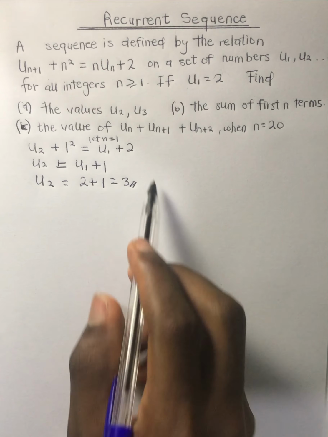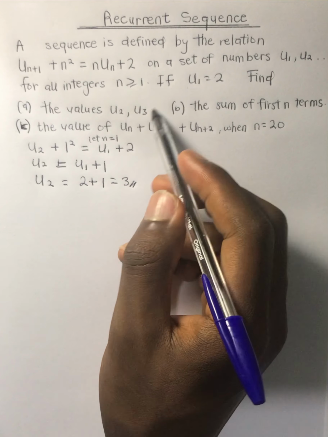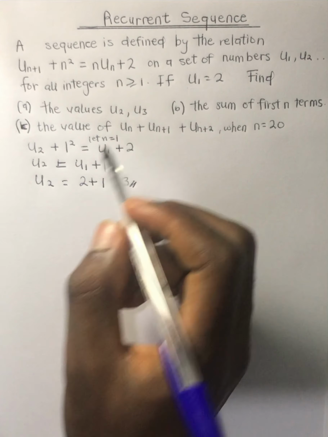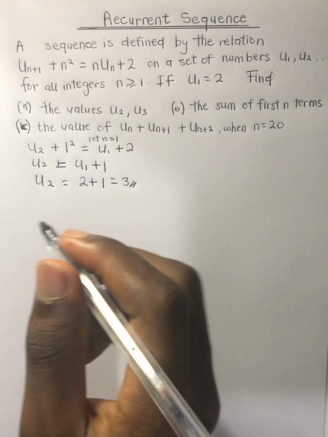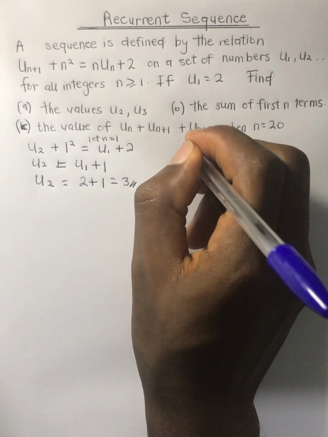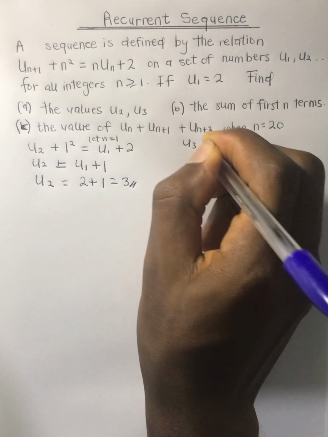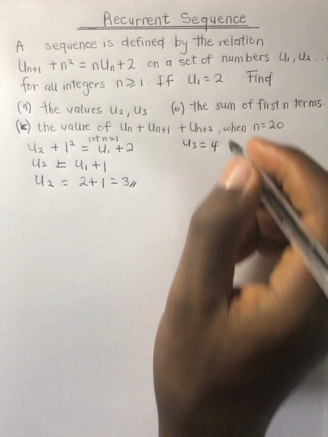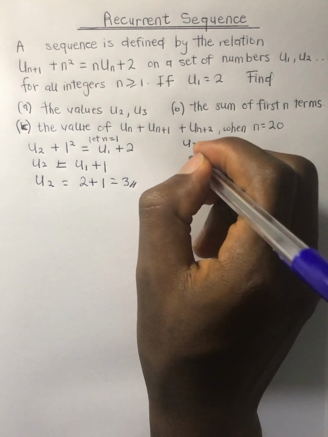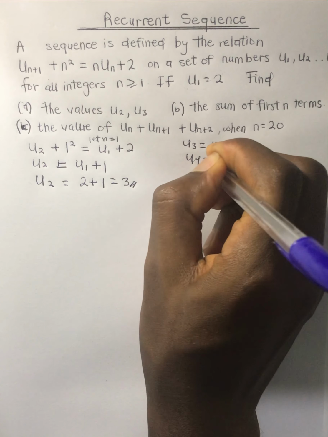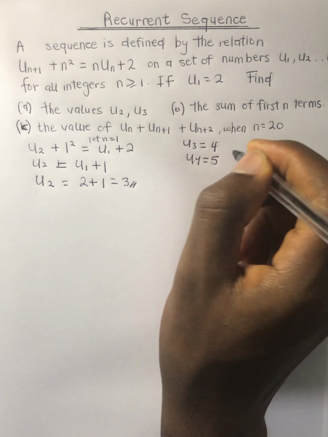So we've also been asked to find the value of u subscript 3, but you have to find it yourself, and you will be getting the answer u subscript 3 as 4. And your guess is right. u subscript 5, or 4, sorry, is 5.